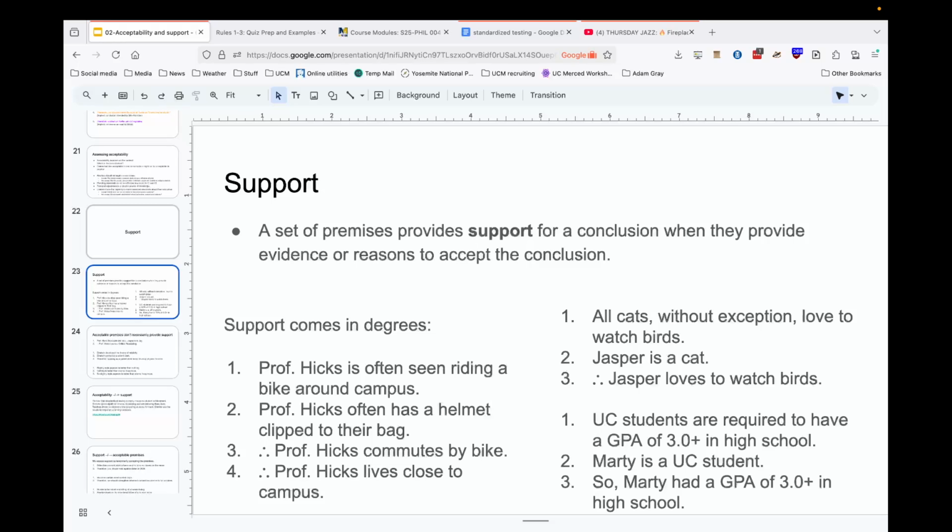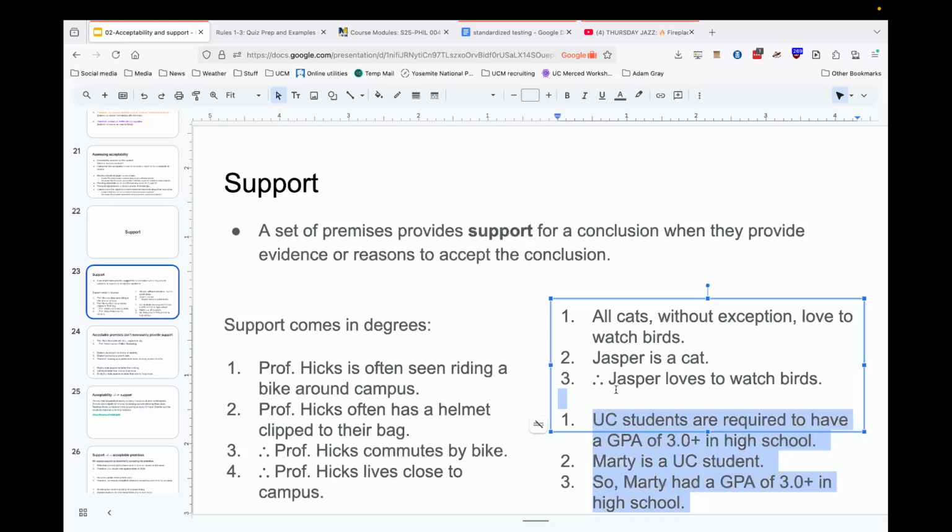Now, I was saying a few minutes ago, you need different kinds of tools to analyze support in different kinds of arguments. If you take Phil 5, which is our formal logic class, you'll learn some really powerful, almost mathematical tools that are designed for these kinds of arguments on the right.